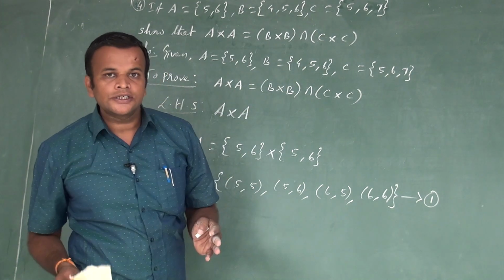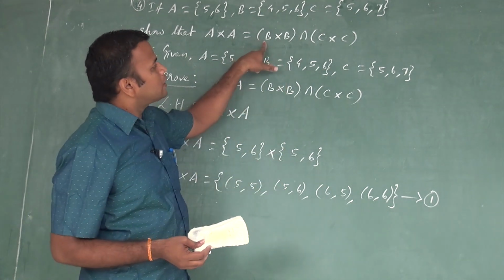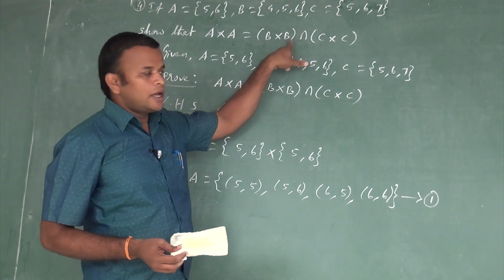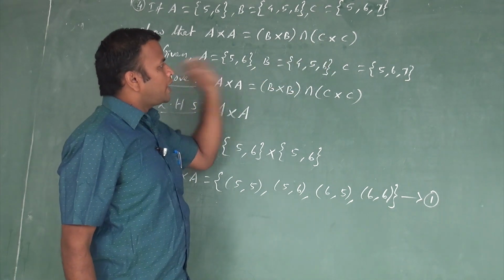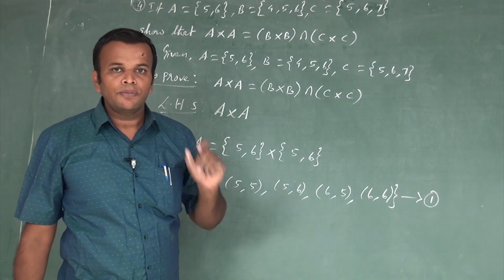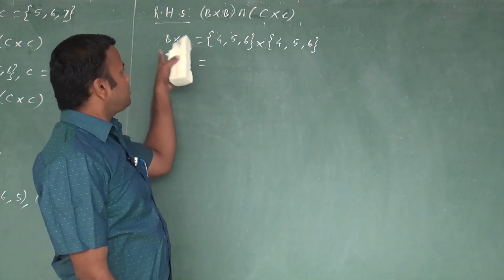To find the intersection, first we need the two sets. So in the RHS, first we find B cross B.